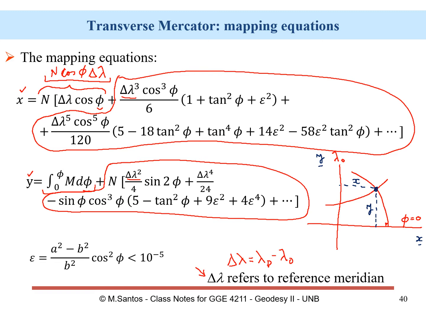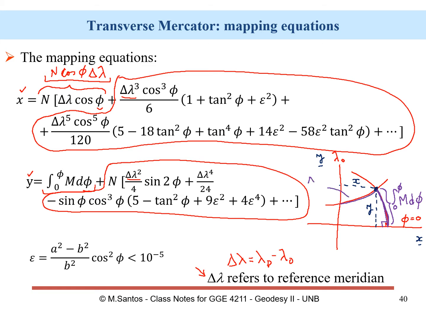So what we have in here essentially, let me use a different color. This quantity here is the arc of meridian. So we can evaluate it as the integral from latitude 0 to the latitude of the point, M d phi. So this is this guy here. And now we have this guy here, which is what?